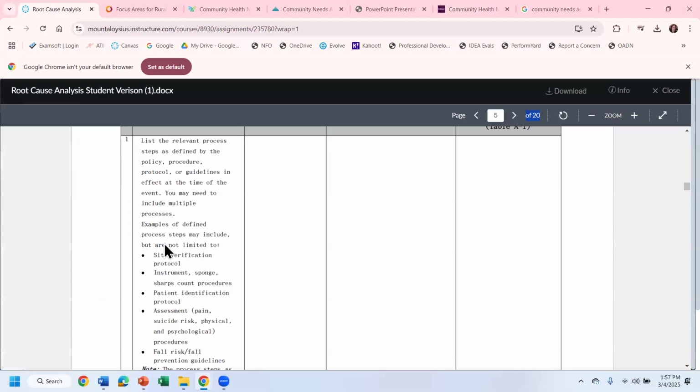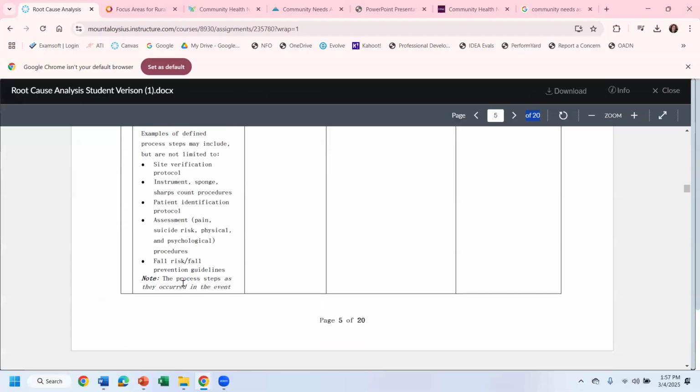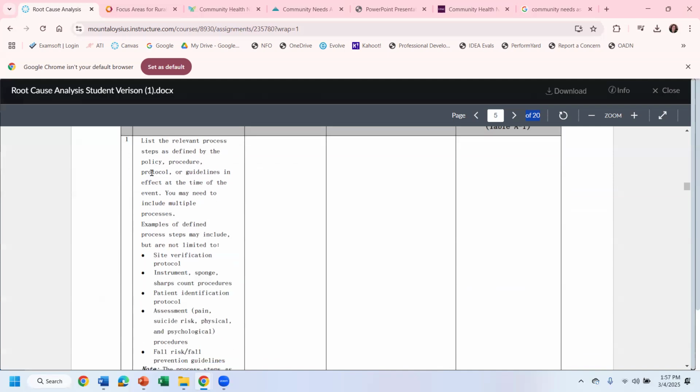So, for example, site verification protocol, instrument or sponge count, patient identification, assessment. These are all things that might have gone wrong. And what's your analysis about what went wrong in this first blank column? So that's where you'll describe the relevant process steps.